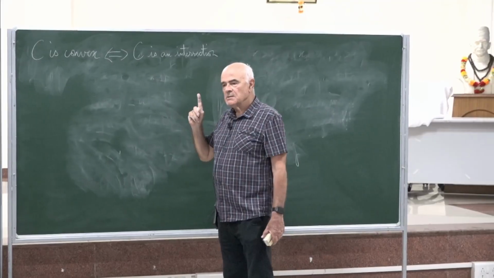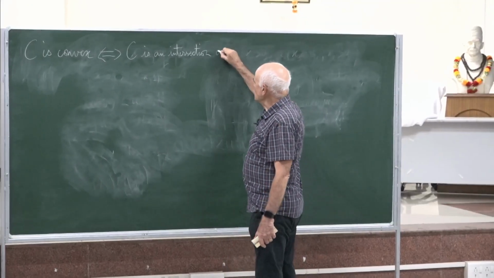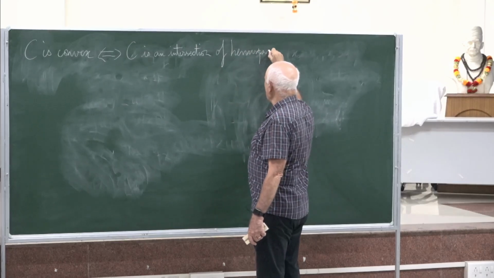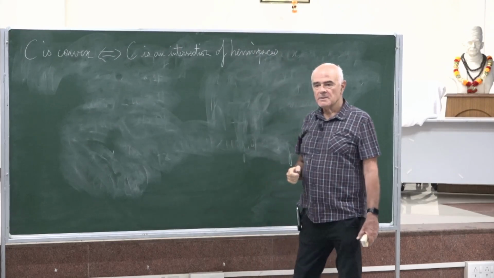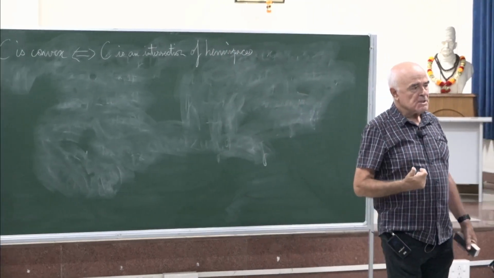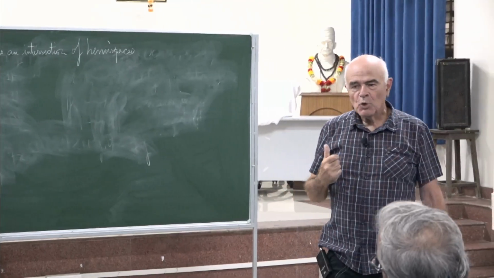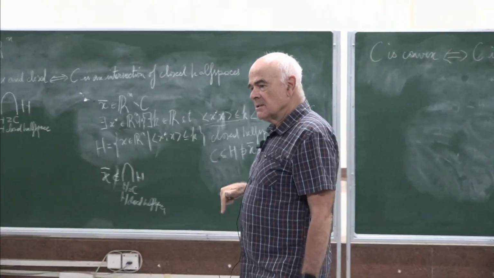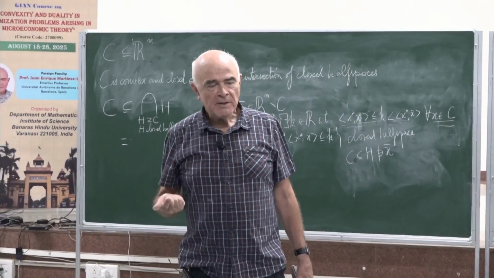One is an intersection of so-called hemispaces, actually of hemispaces of a particular type. So what is a hemispace? It's a convex set whose complement is also convex.